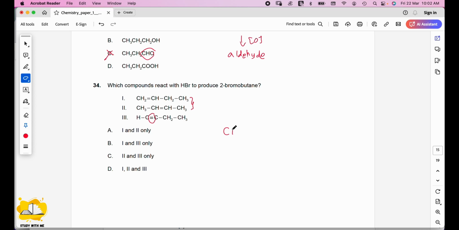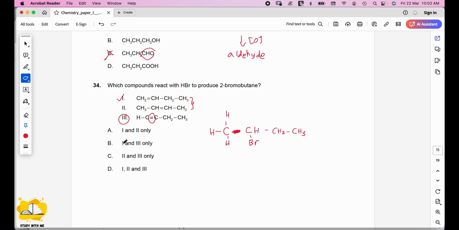Okay, I will make it into a clearer structure. So if I make it into one double bond, we can add H here and Br here. So 2-bromobutane. So the first one is correct and the third one is incorrect.